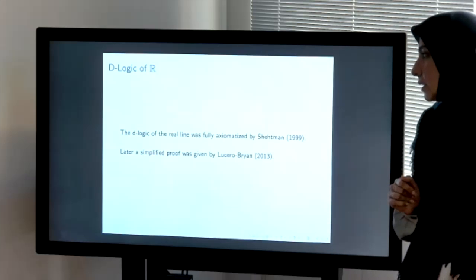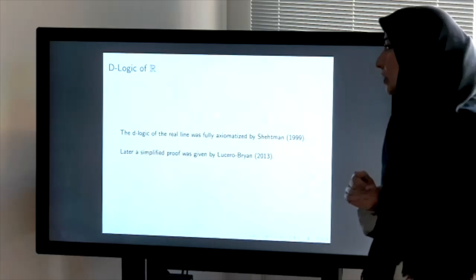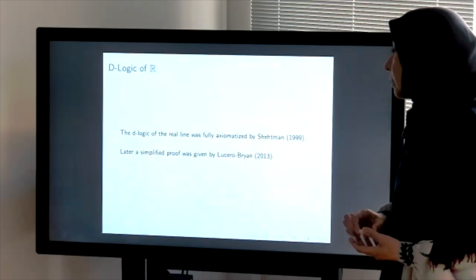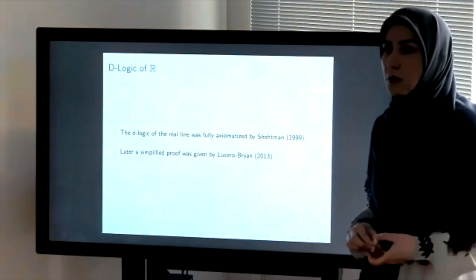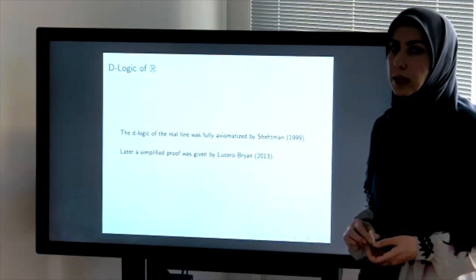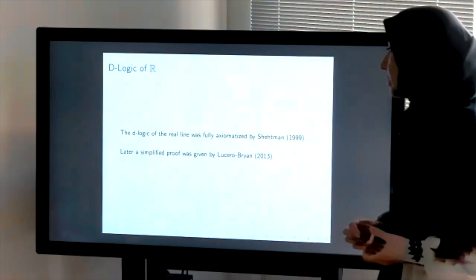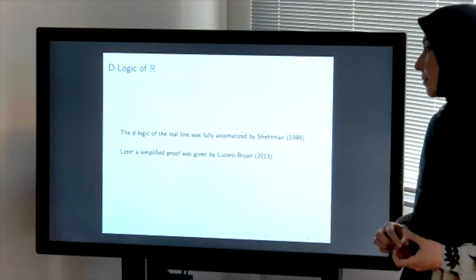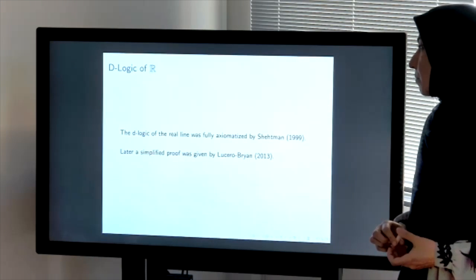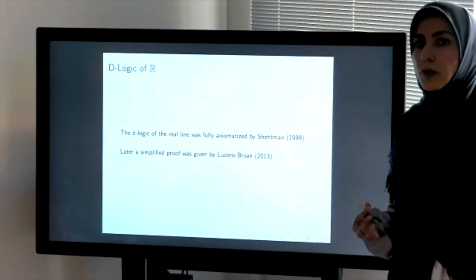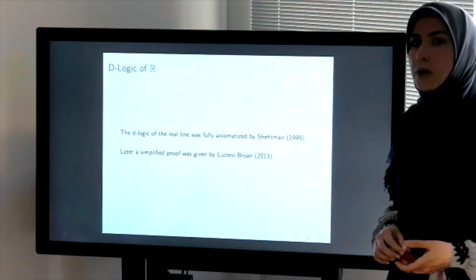For the real line, first Shehtman studied it, and then the topological semantics for the real line was proved by him in another paper. We don't have enough time to talk about that because we have to add some more axioms to our logic.